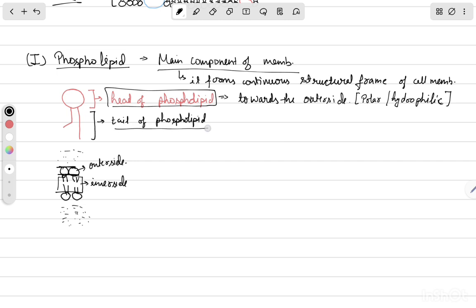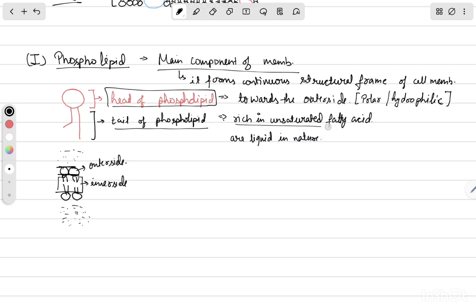If we compare the tail of phospholipid, this tail structure is rich in unsaturated fatty acid, which is liquid in nature, right?